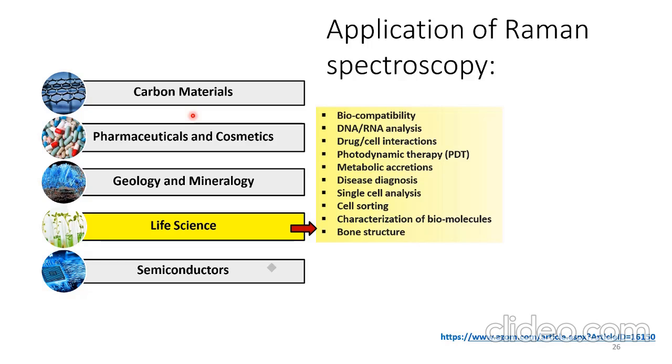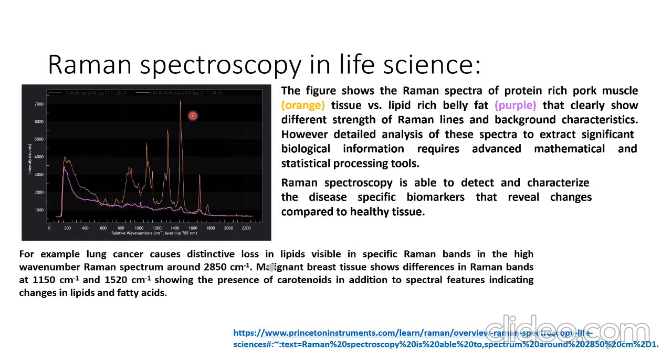Those can be easily detected, and also moisture does not affect the spectrum. These samples generally have very high moisture content, though that will not affect the signal. So that's a very good application for Raman.